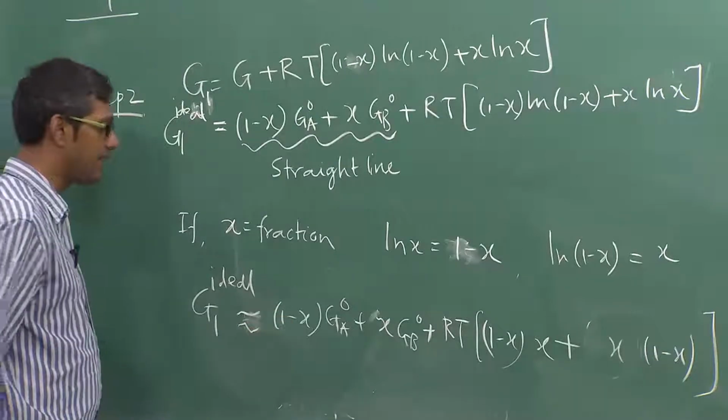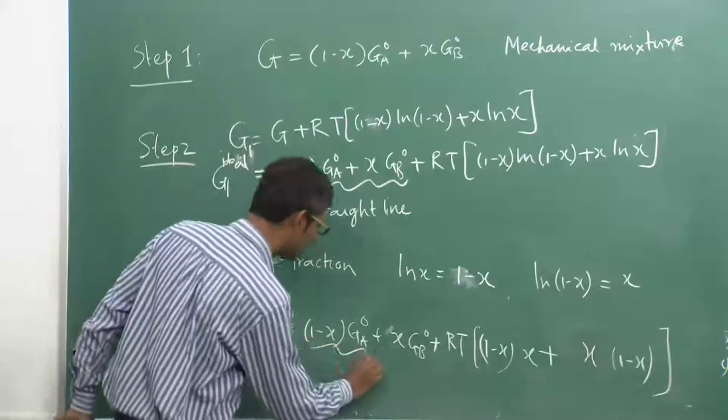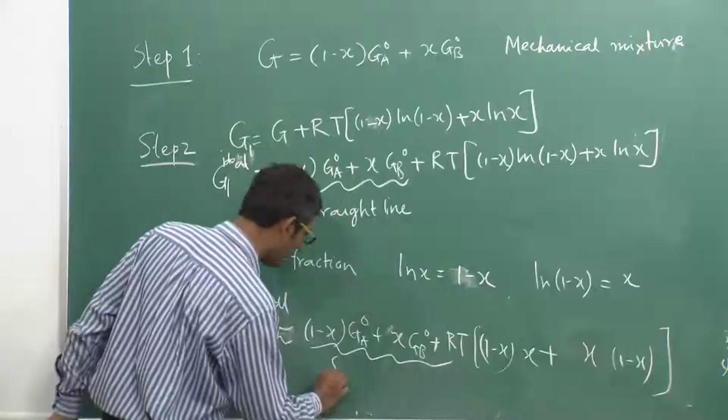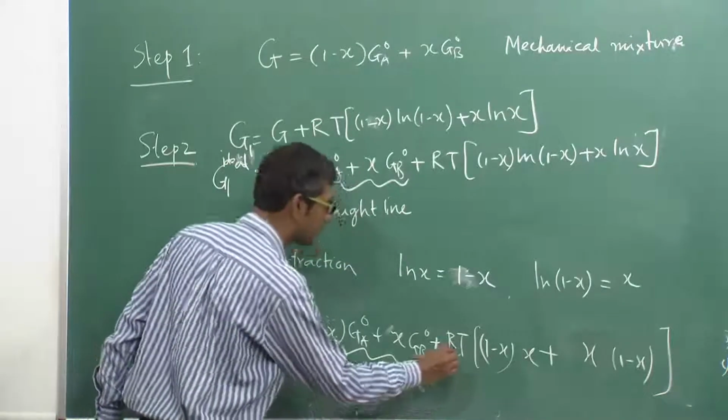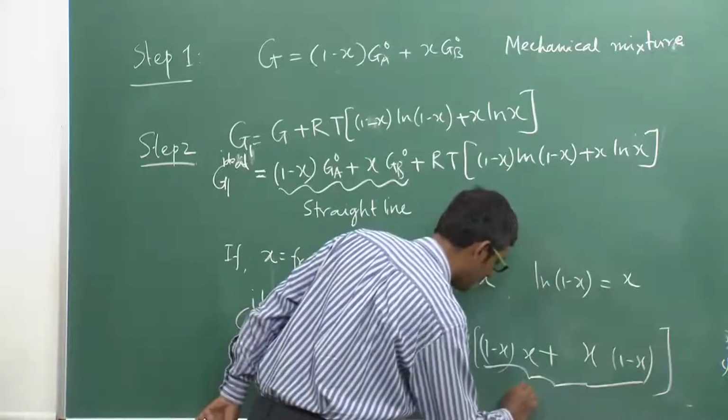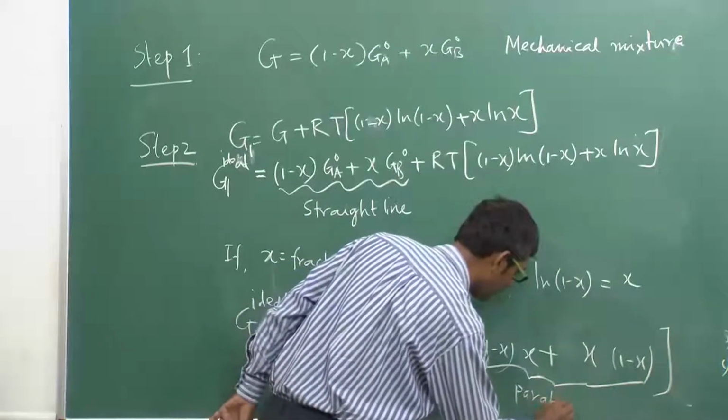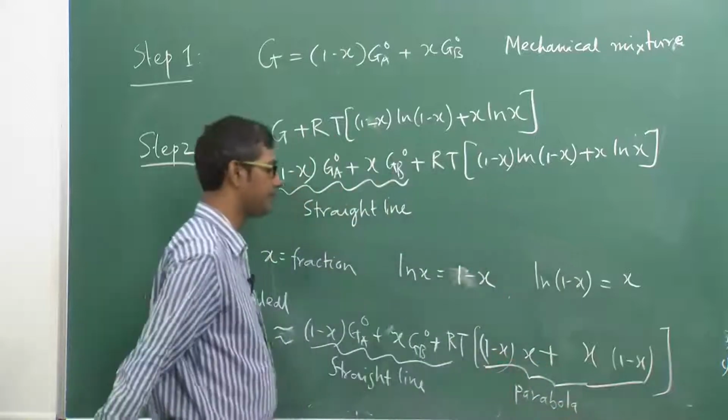So, very clearly this is a straight line equation that I have written already, and this is an equation of a parabola, because we have an x square term, correct.